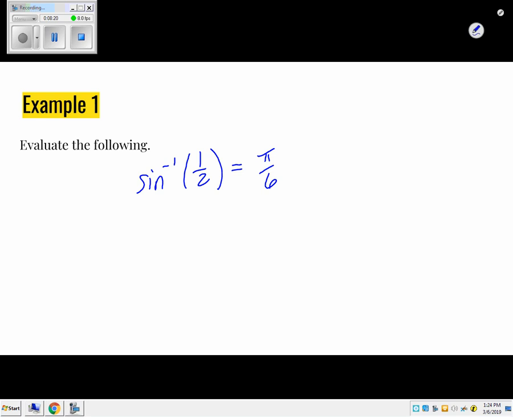You will see me write it in radians because I want you thinking more that way. Easy enough? That's it. How did we get that? Sine, cosine, tangent table. There's a 1/2 right there. That's the inverse notation.